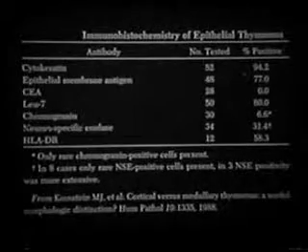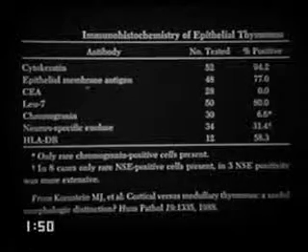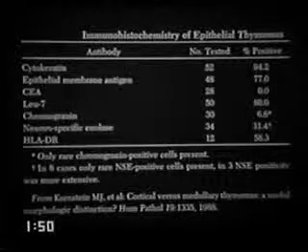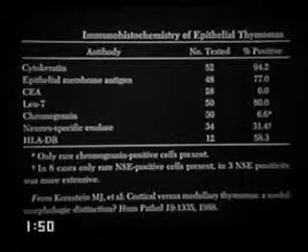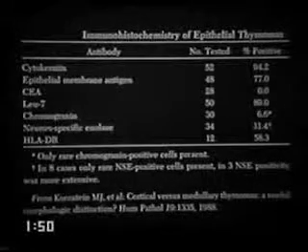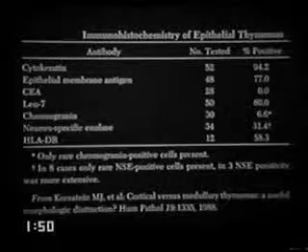Cytokeratin marker is positive in a large number of them, as are epithelial membrane antigen and LU7. Again, I don't think that this is vital information for you to know on a board exam. However, just to let you know that there has been some study into it, and there are many markers which will be positive and help to figure out exactly what type of thymoma you've got versus other mediastinal tumor.